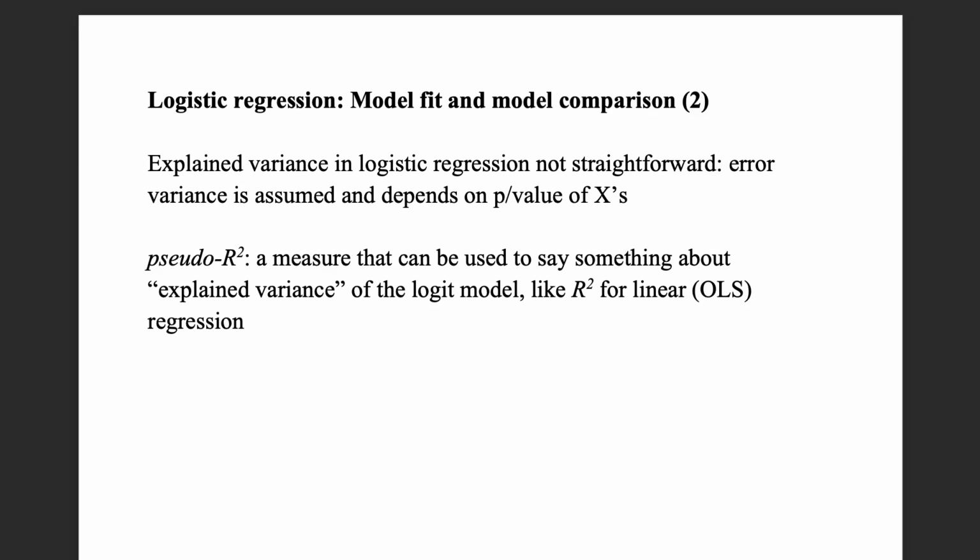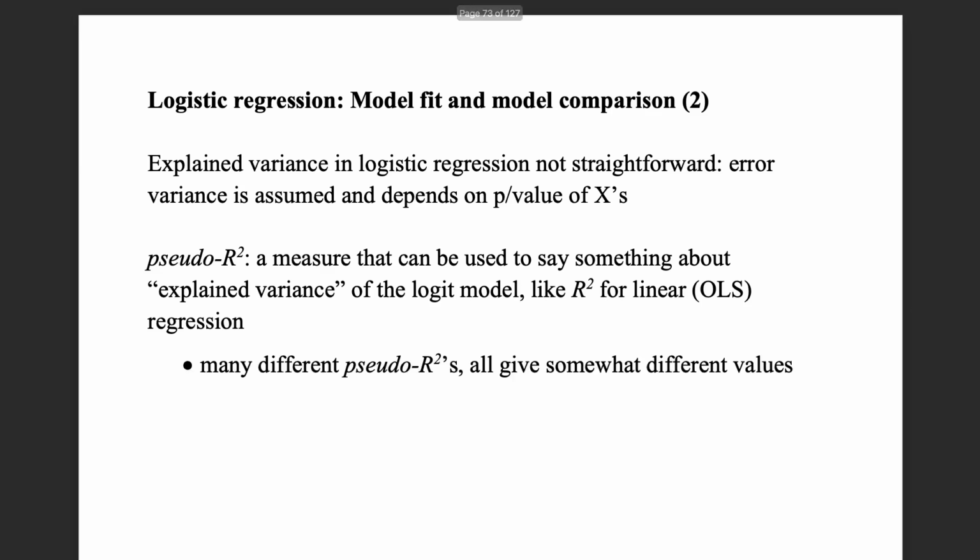This is the reason why these are usually referred to as pseudo R-square measures, because it's not really an R-square measure for explained variance like in the linear regression model, but it's trying to approximate what would be a good representation of the explained variance. So in that sense, it is useful. The problem with this is that there are actually many different ways of doing that.